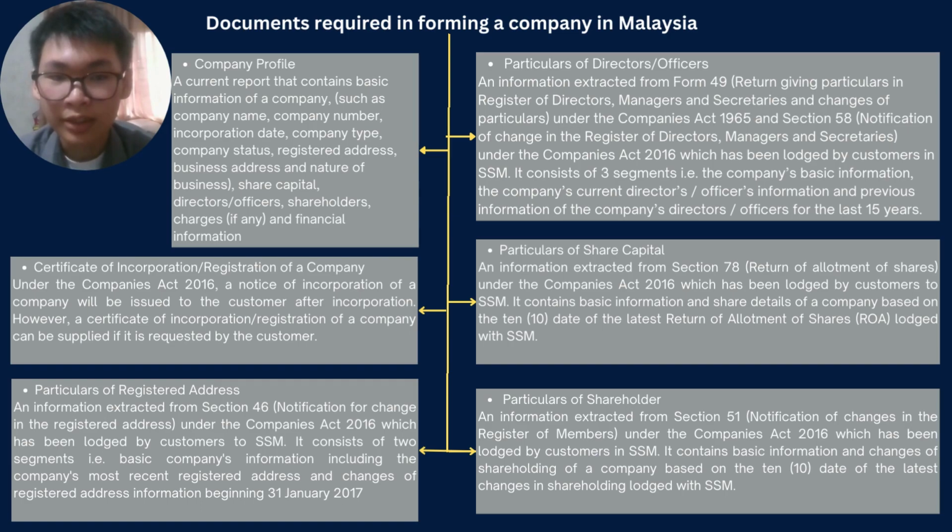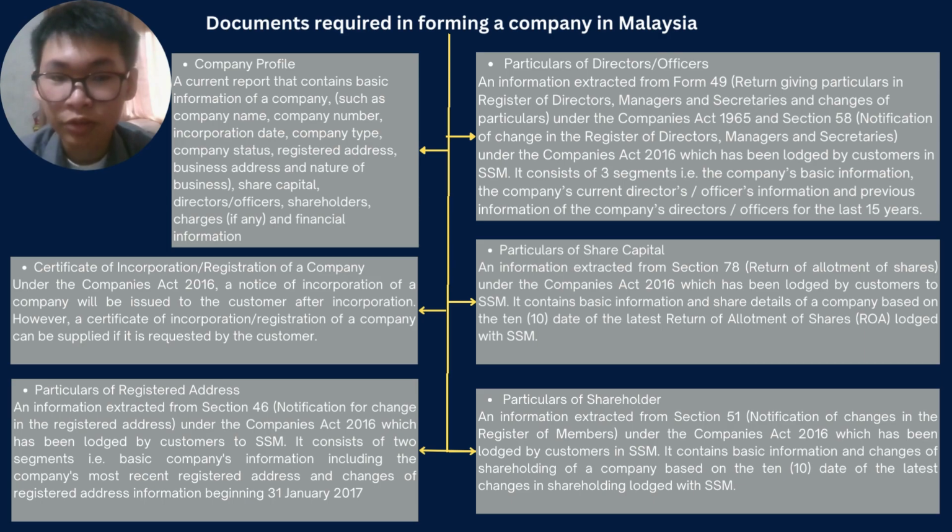The fourth one is the particulars of directors or officers, information extracted from Form 49, written giving particulars in register of directors, managers, and secretaries, and changes of particulars under the Companies Act 1965, and Section 58, notification of change in the register of directors, managers, and secretaries under the Companies Act 2016, which has been lodged by the customers in SSM.